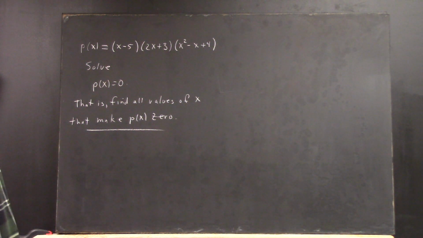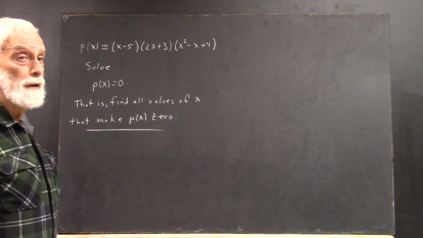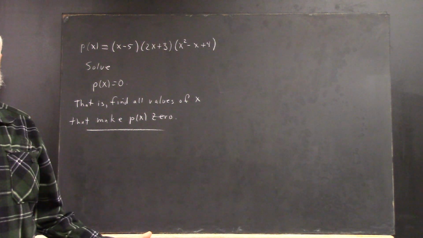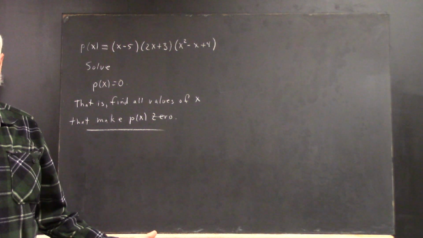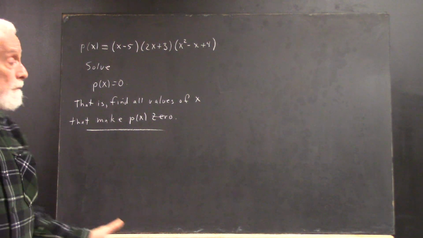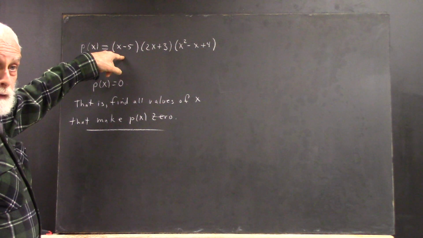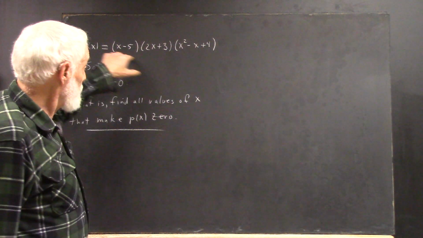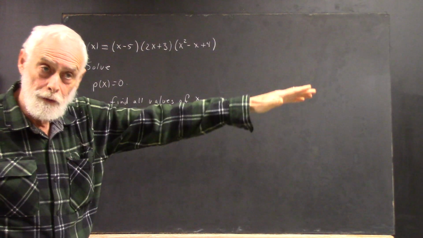So, can anybody give me just one value? 5. If x is 5, that makes this 0. And since everything else is multiplied by this, makes it all 0.